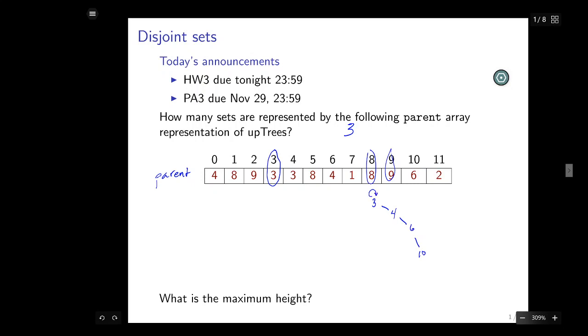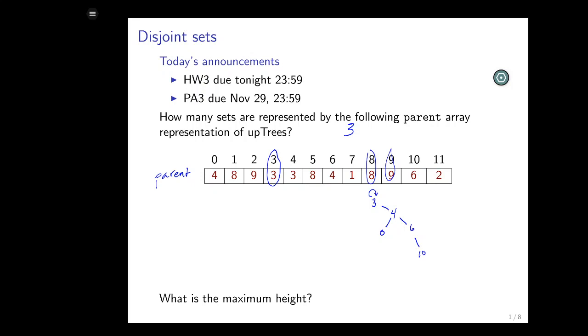Do you remember these things now? Let's fill out the rest of this tree. There's something else that points to 4, which is 0. So we've done 0, 3, 4, 6, and 10.